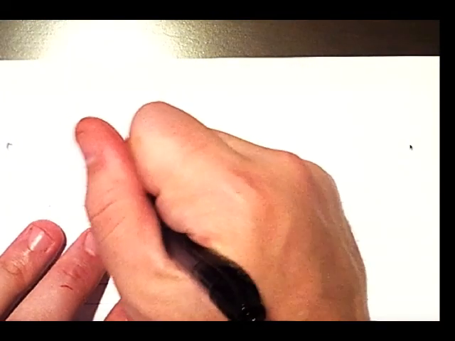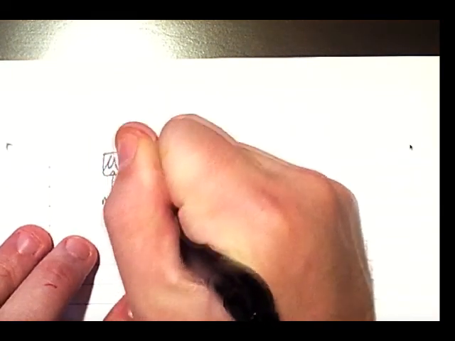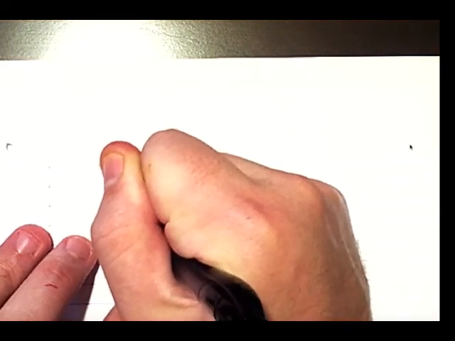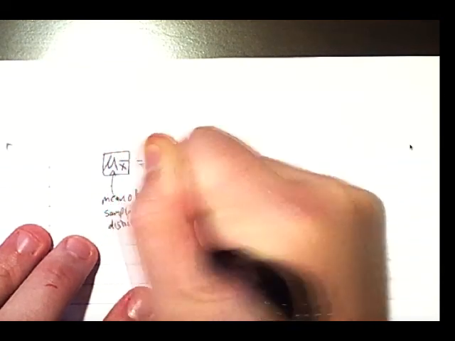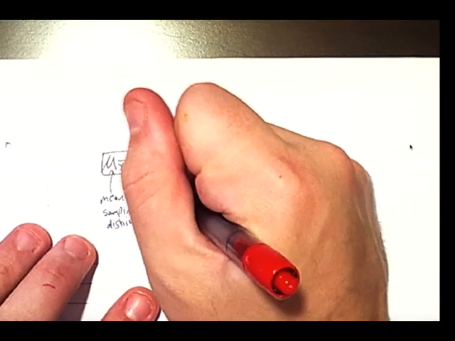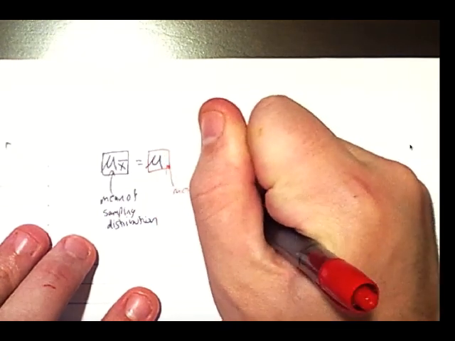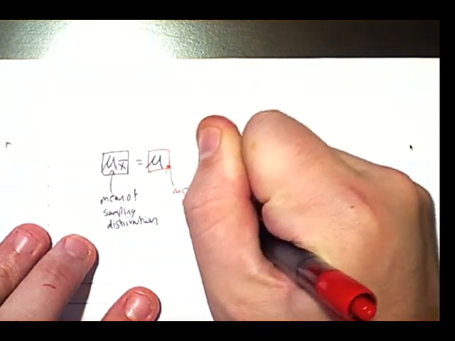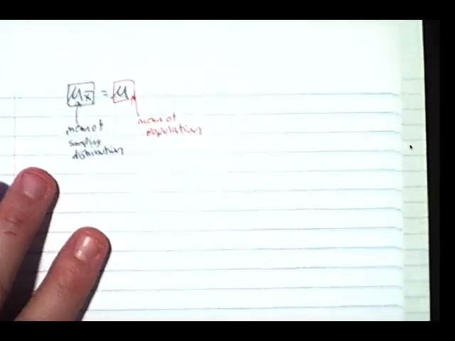So what does this refer to? This is the mean of the sampling distribution. This thing right here is the mean of the population. Why do those two things equal each other?